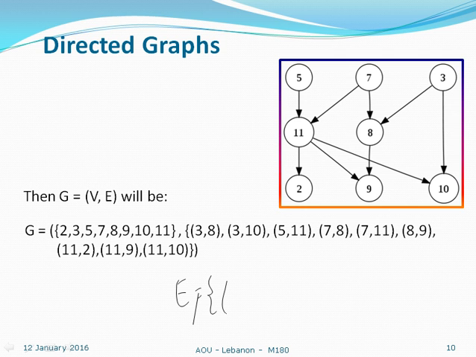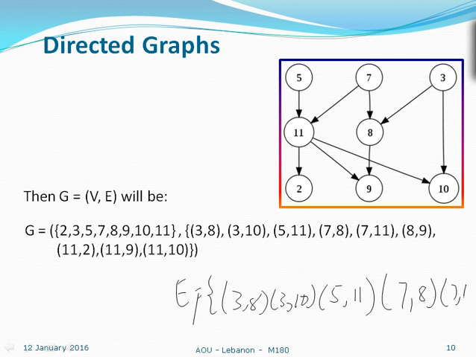And the set of edges are: there is an edge from 3 to 8 and 3 to 10, and then from 5 to 11, and then from 7 to 8 and 7 to 11, and then 8 to 9, and then from 11 to 2, 11 to 9, and 11 to 10.